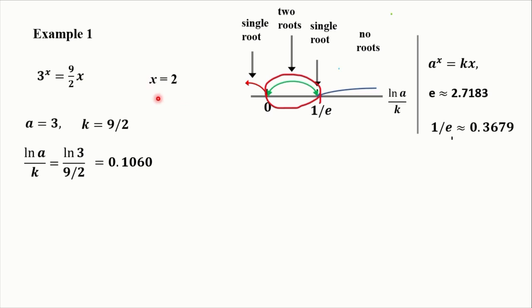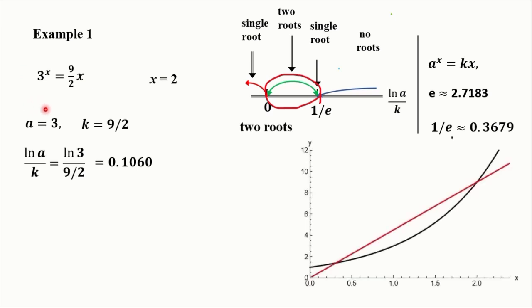We illustrate this by considering the plot of the left-hand side and right-hand side of this equation. The black line is y equals 3 to the power x, and the red line is y equals 9 over 2 times x. As we see, these two lines have 2 points of intersection.